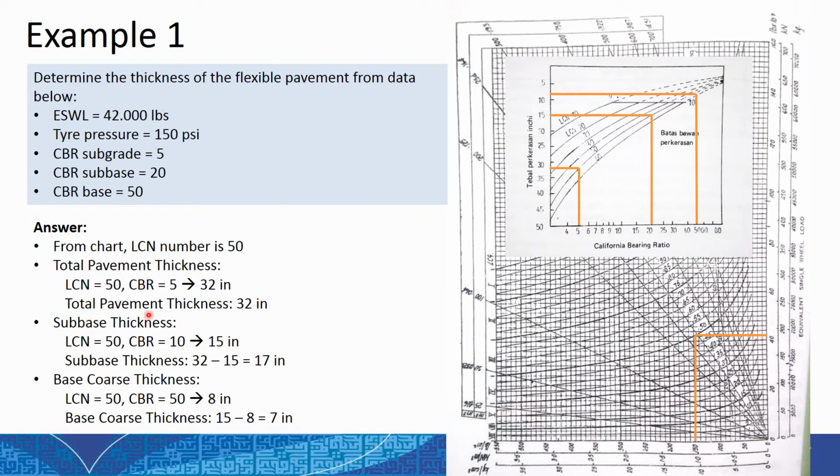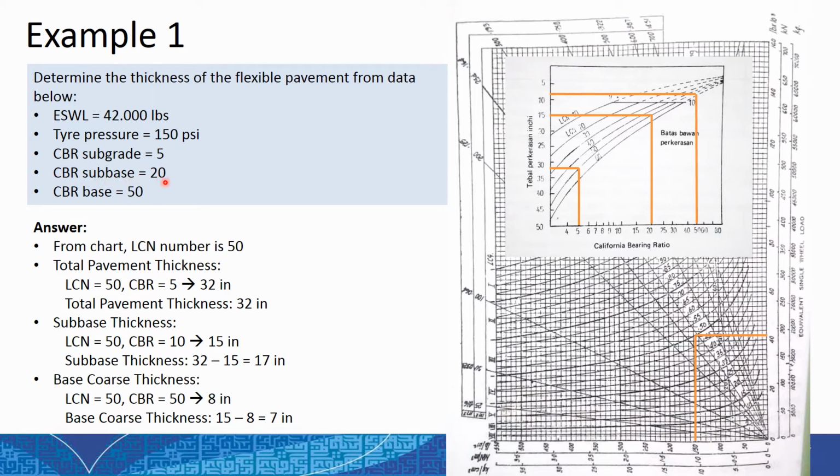And then we calculate the subbase thickness. The LCN we use here is the same, all of these LCN are 50. The different thing is the CBR. For the subbase thickness, we use the CBR for the subbase, which is 20.